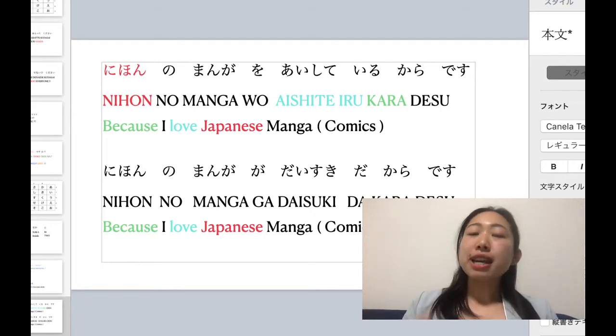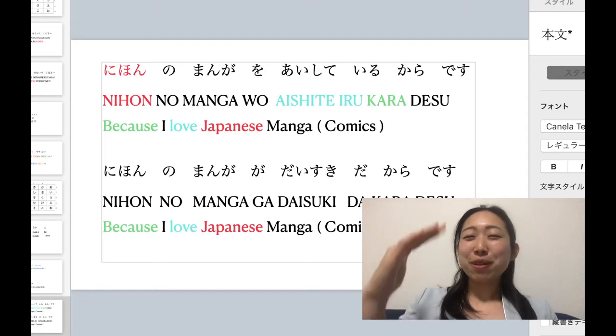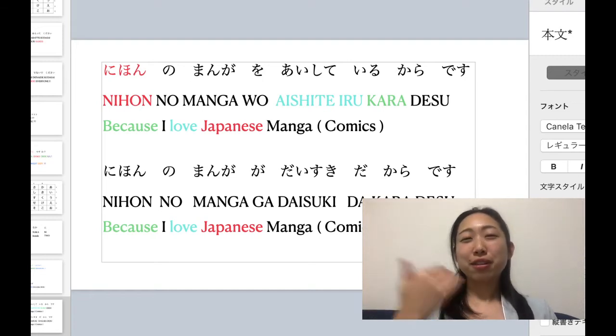And 好き and 大好き, what is the difference? So 好き is just like. 大好き is like it very much. A little bit more close to love, but not very deeply.